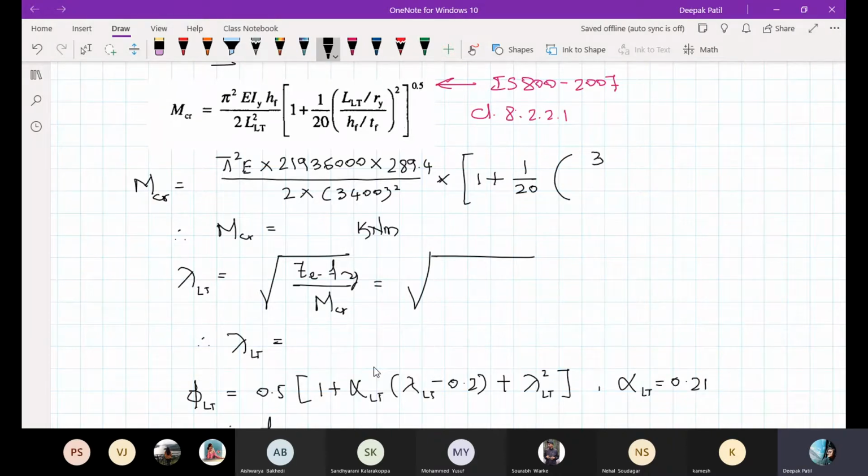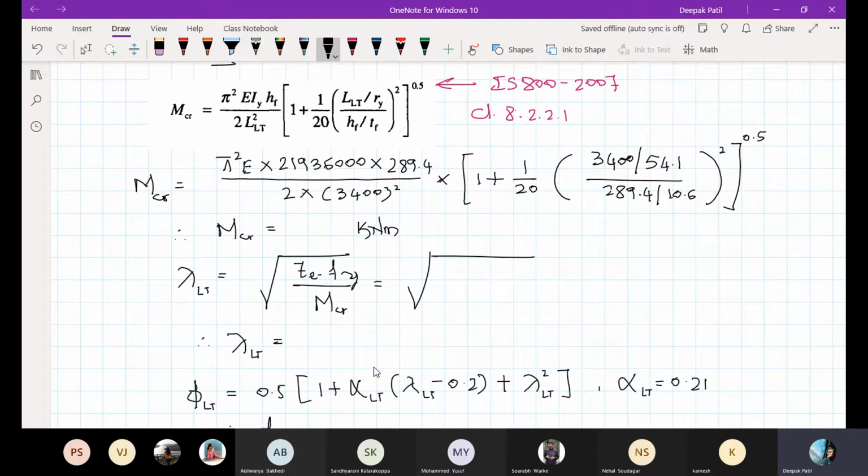LT is once again 3400, divided by Ry, the radius of gyration along the minor axis, which is 54.1 and is given in the steel tables. This is divided by HF by TF. HF is once again 289.4, and TF is the thickness of the flange, which is 10.6. This whole thing is squared, and the whole square bracket is raised to 0.5.